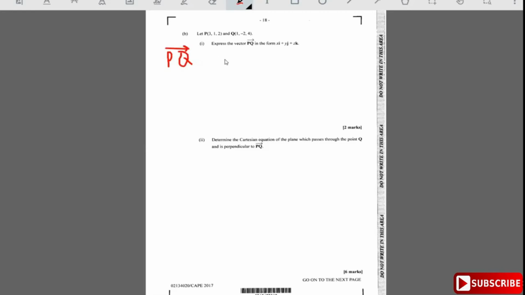So it's OQ minus OP, that's going to be equal to vector OQ, which is 1, minus 2, 4, minus vector OP, which is 3, 1, 2.